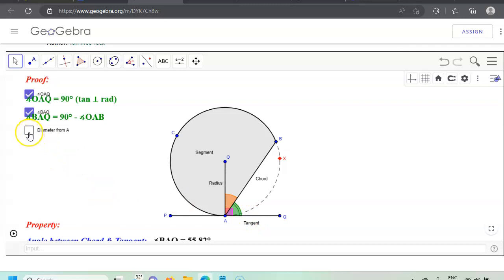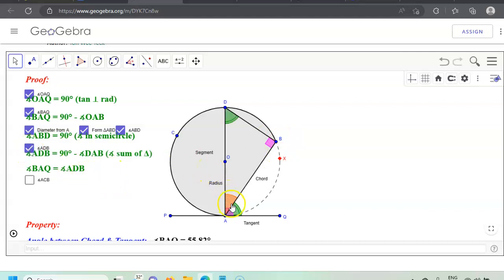Then we have a diameter from A, and then add another element connecting D and B. In that step, we now have angle ABD, and that angle is an angle in a semicircle. So that measures 90 degrees. Now angle ADB is equal to 90 degrees minus DAB, the orange one.